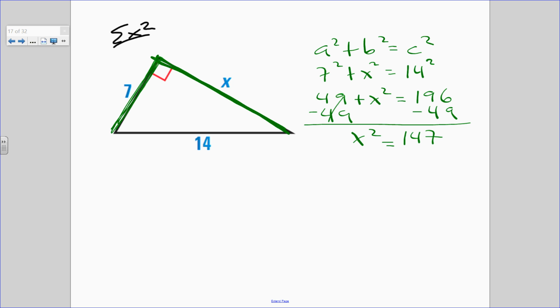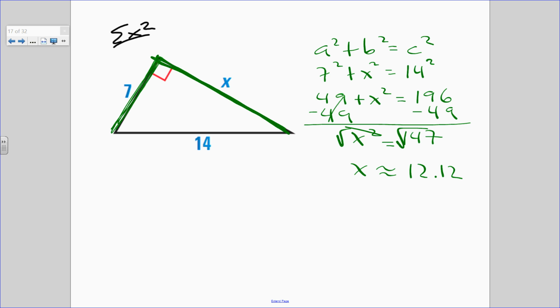We have to take the square root of both sides, because that undoes squaring. So x then is approximately, let's do this, 12.1, huh? To the nearest tenth, or what's after the 1? Yeah, so it's 12.12.